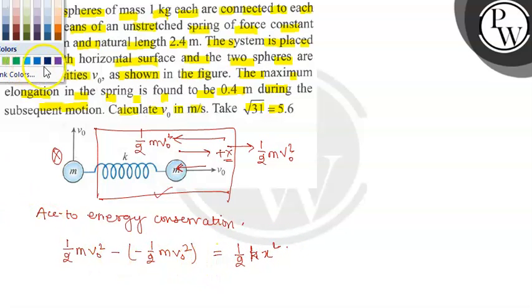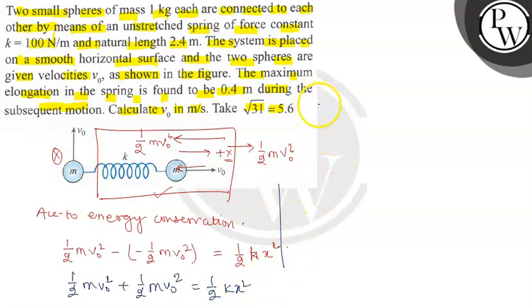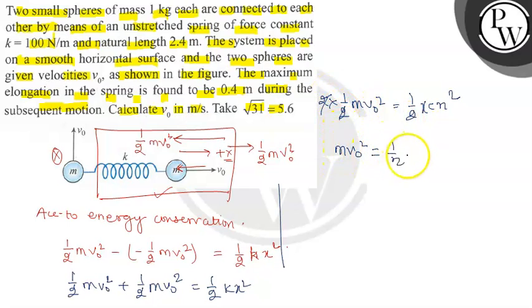Now we will calculate it: half m v naught square and again half m v naught square gets 2 times half m v naught square, that is m v naught square, equals half k x square. So we will have m v naught square equals 1 by 2 times k x square.